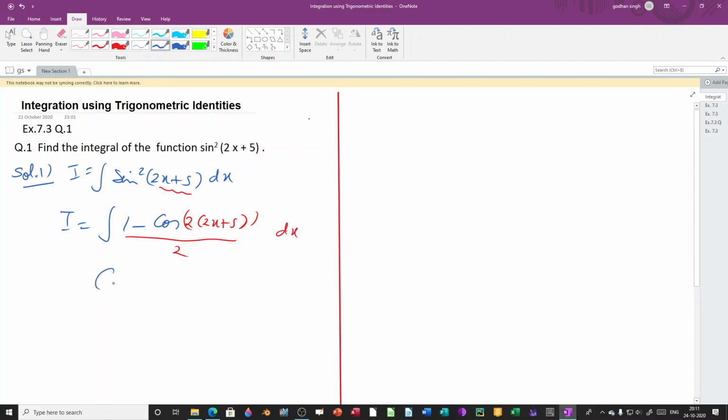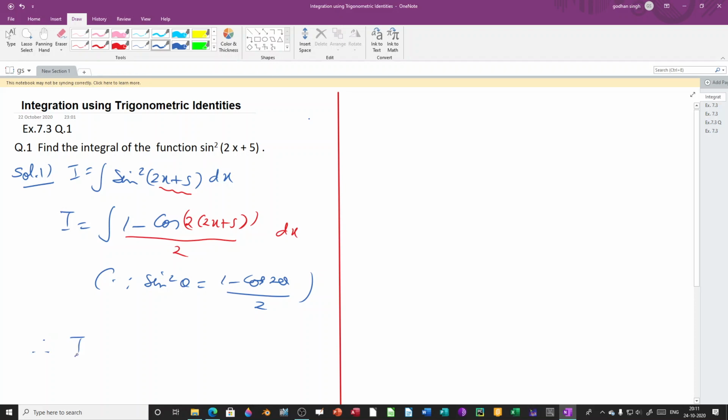Why? Because we know that sine square theta can be written as 1 minus cos 2 theta over 2. So this is the formula which we can apply, and now simplify this further.